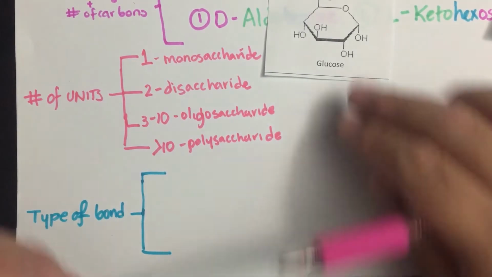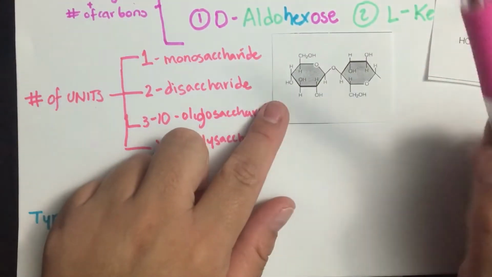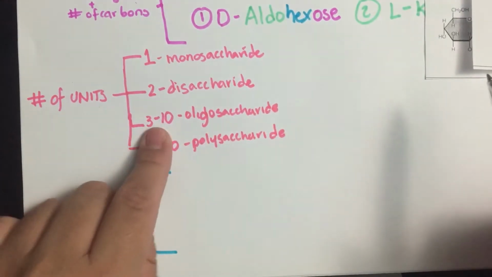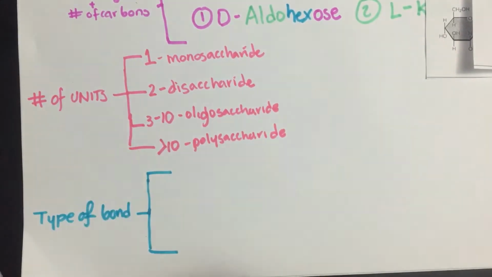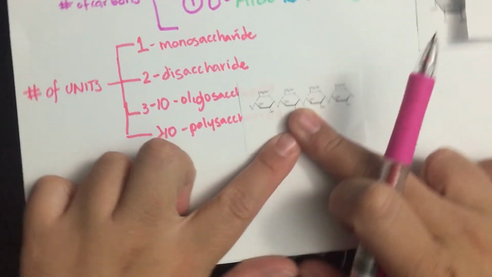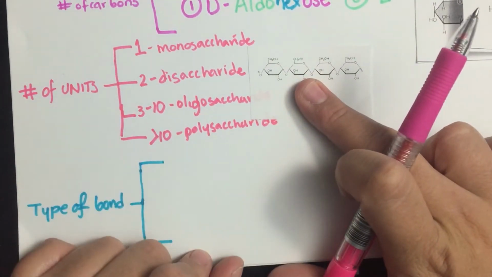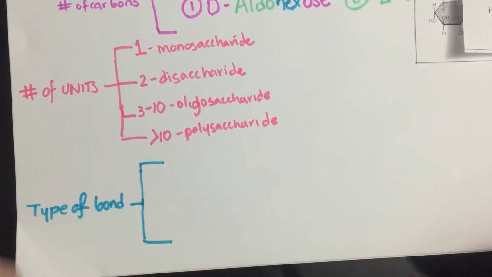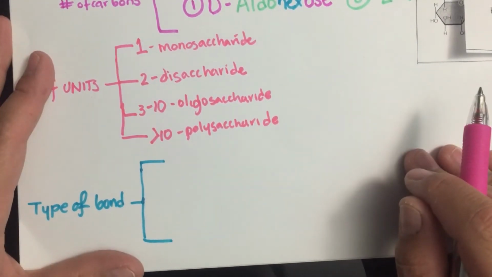If you see two of them joining hands, hand in hand, that's a disaccharide. If you see 3 to 10, that would be an oligosaccharide. And if you have more than 10, it's a polysaccharide.